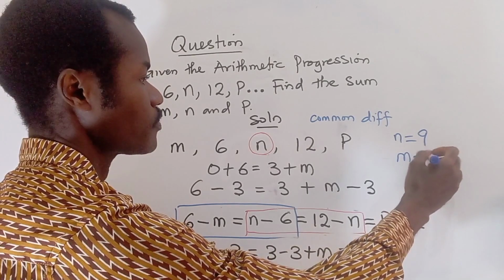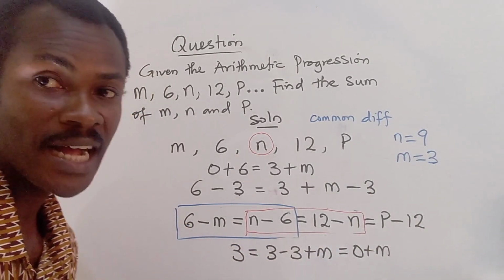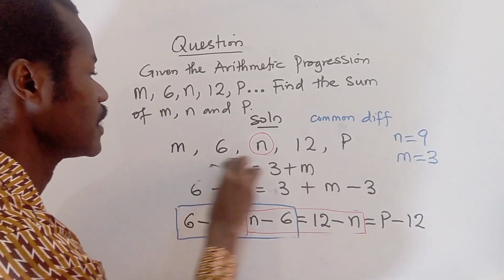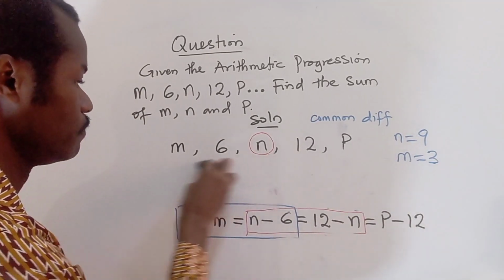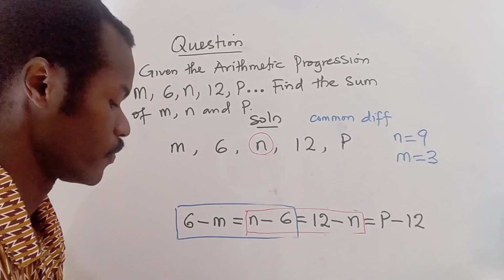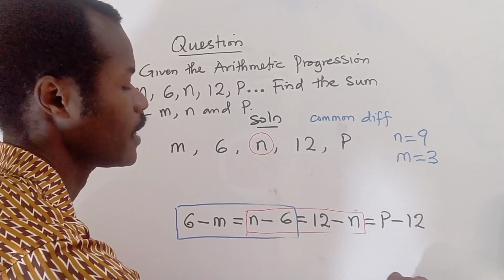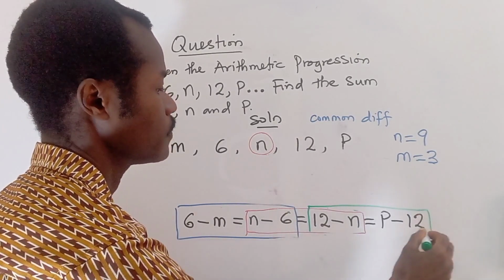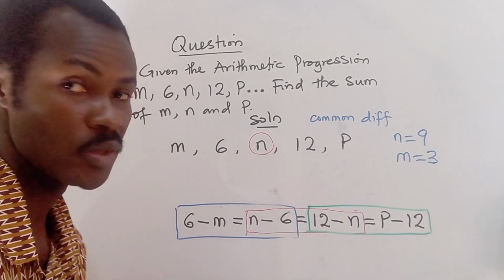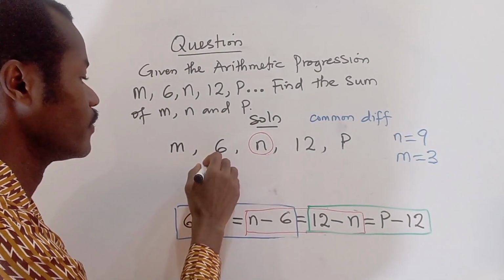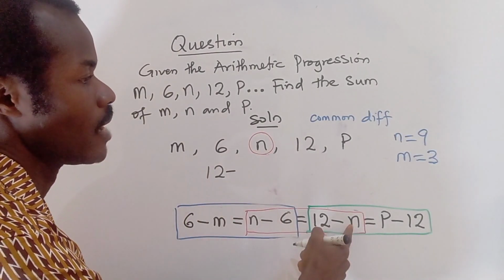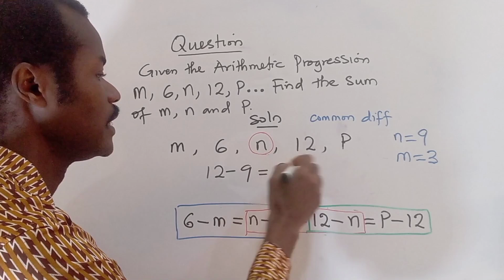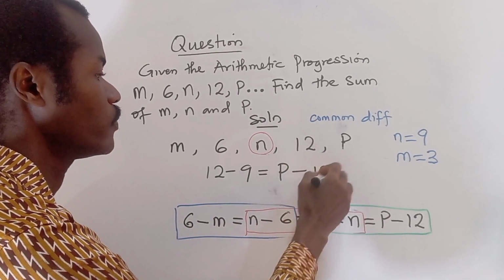Lastly, we can solve for our value of p. Now, how do we solve for the value of p? We want to solve for p using this expression. We have 12 minus our n, which is 9, equal to p minus 12.